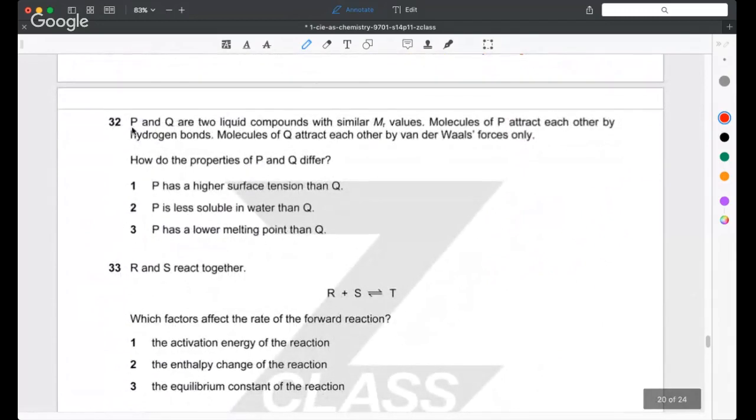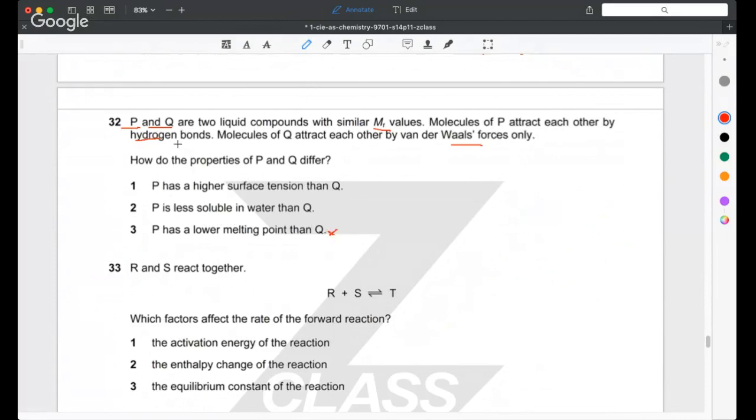Okay, so P and Q have similar relative molecular masses, but P has hydrogen bonds and Q doesn't. It just has van der Waals forces. So let's look at some of these then. Hydrogen bonds are stronger than van der Waals forces, so P should actually have a higher melting point than Q. So that's not right, is it?